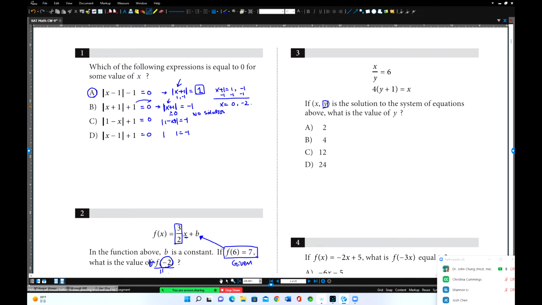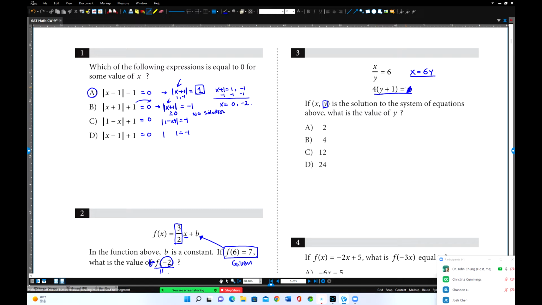The idea is, we need to eliminate the variable x. Now x is replaced with what? x equals 6y, isn't it? Using the equation, we can replace x with 6y, because we're going to find y.